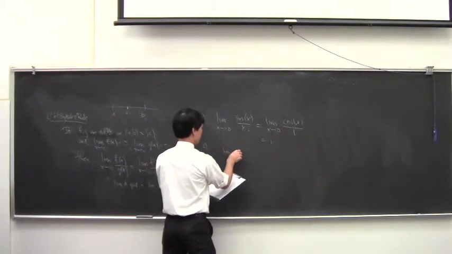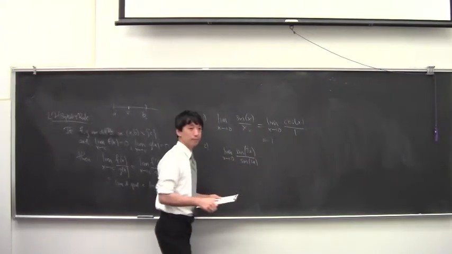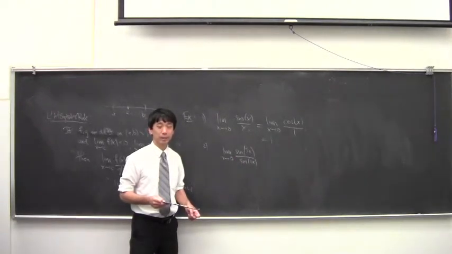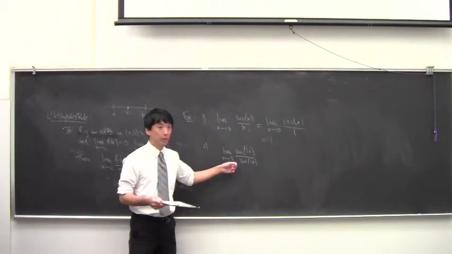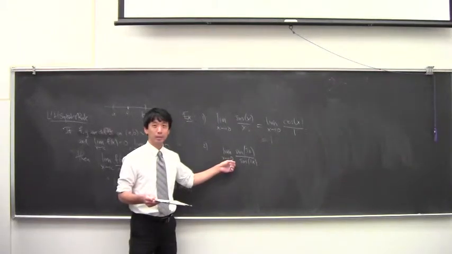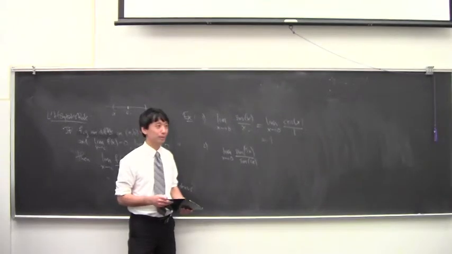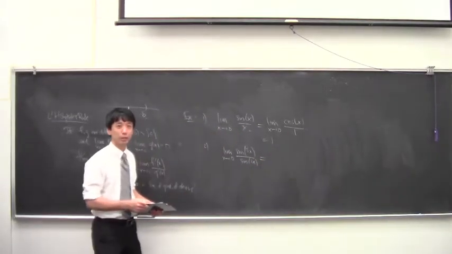Or here's one that I think you saw in your homework around the same time. The limit of sine 3x over sine 2x as x approaches 0. Okay, take 20 seconds and figure it out. Use L'Hopital's rule. It's going to be the limit of the quotient of the derivatives.